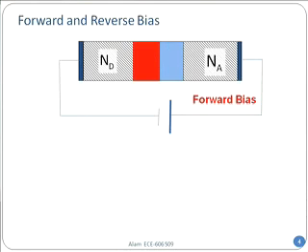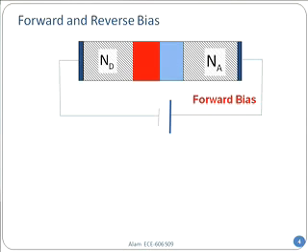Now, the definition of a forward and a reverse bias. How do I know which side is easy for current to flow and which side it is not? Let me first define it, and we'll understand the physics a little bit later. The simplest way to remember forward bias is that you should connect the P side of the junction, the acceptor doped side, to the P terminal of the battery, P to P. And similarly, the N side of the junction should be connected to the N terminal of the battery.